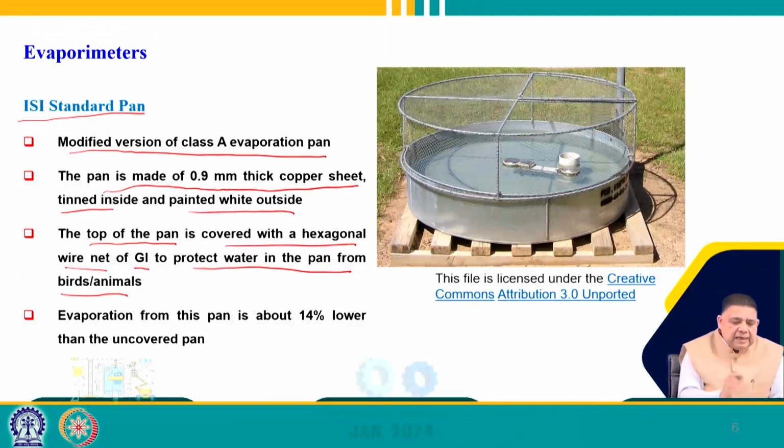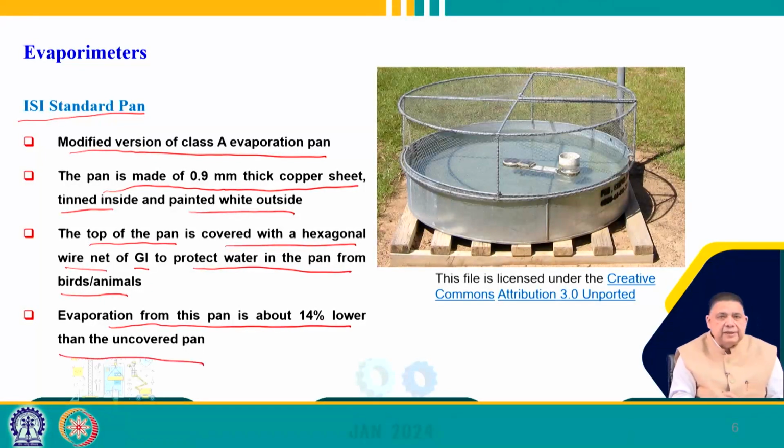So, it is an Indian version of the class A evaporation pan. The material is changed. Instead of galvanized iron sheet, we use thick copper sheet which is tinned inside and painted white outside, and it is also covered with a hexagonal wire net of galvanized iron to protect it from birds and animals. As a result, evaporation from this pan is about 14% lower than the uncovered pan.